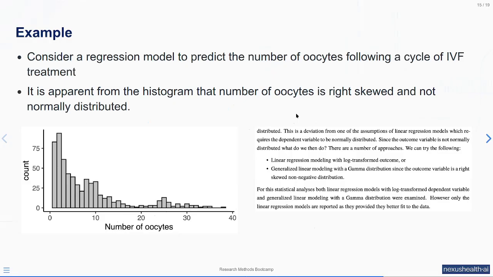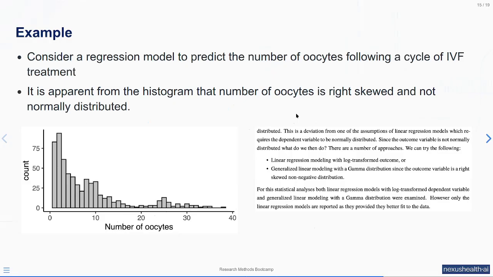And so this extract here is from the statistical analysis report which was done, and it comments on this histogram. It says, look, this is a deviation from one of the assumptions of linear regression models, which requires the dependent variable to be normally distributed. Since the outcome variable is not normally distributed, what do we then do? There are a number of approaches. We can try the following: linear regression modeling with log transformed outcome.